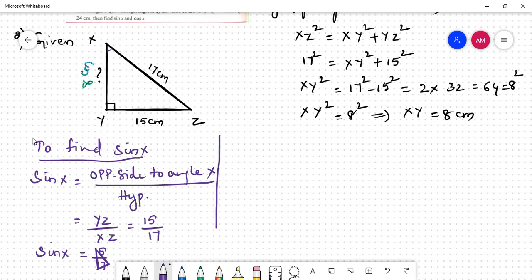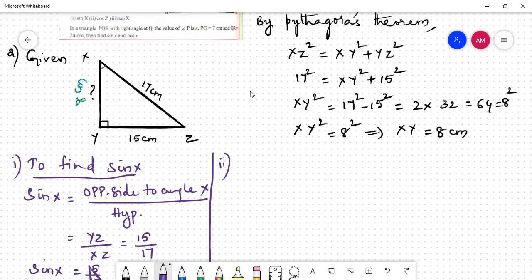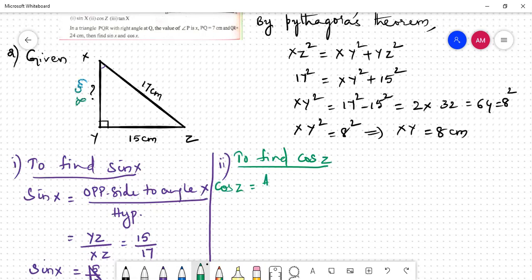Okay, let us move to the next part. What they asked is cos z. What is the formula for cos z? Adjacent side to angle z by hypotenuse.